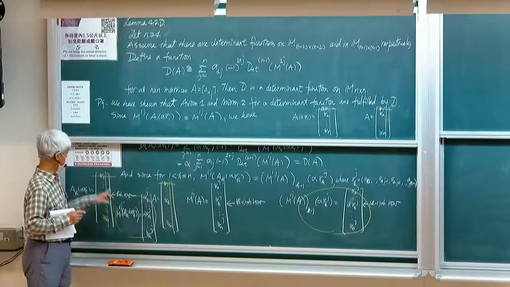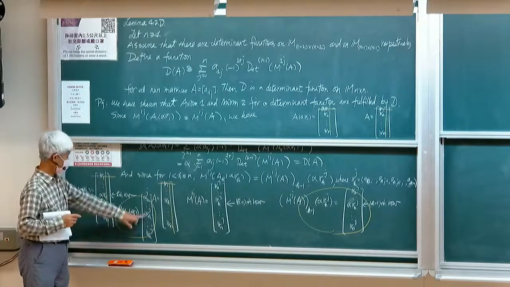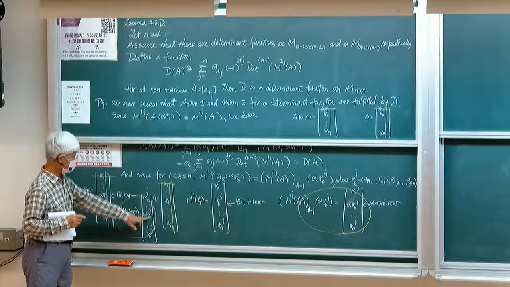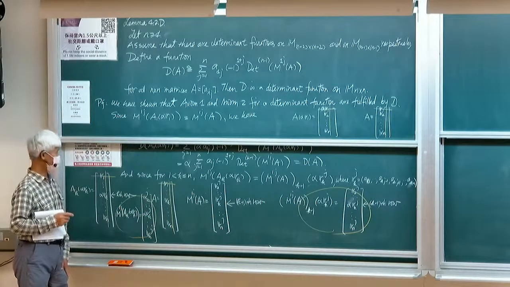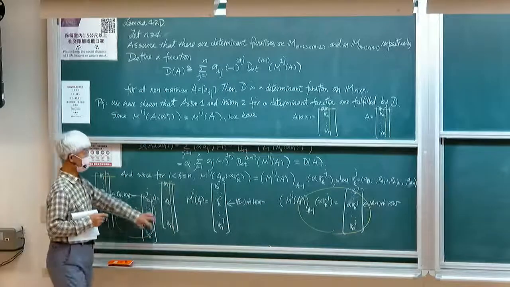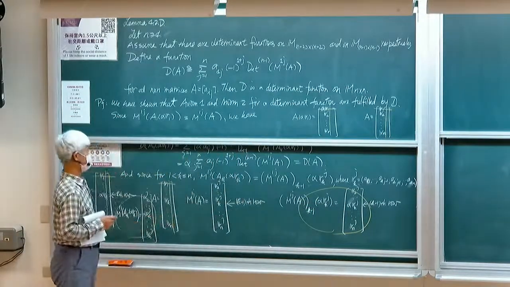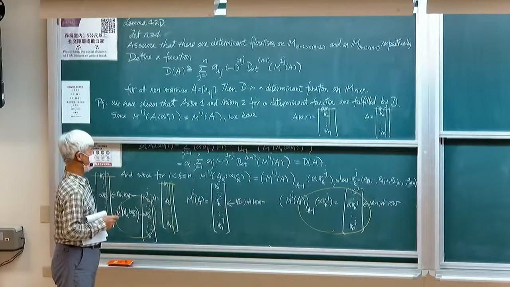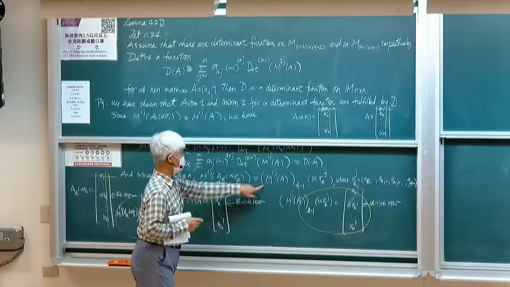So that R2J is here, and this one is alpha times RKJ and RNJ here. Okay. So this matrix is the same as this matrix. Okay. So we establish this equality here.